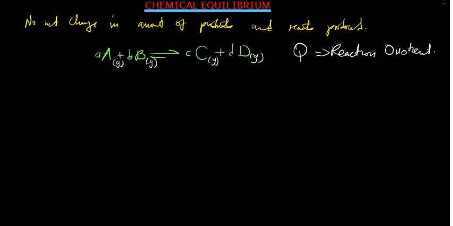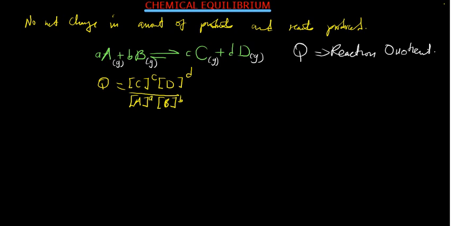Now, let's proceed. When we calculate Q, Q is given by the concentration of the products, so C to the power c, and then D to the power d, divided by the concentration of the reactants, A raised to the power a, and then B raised to the power b also.